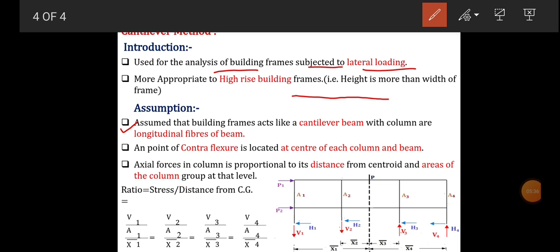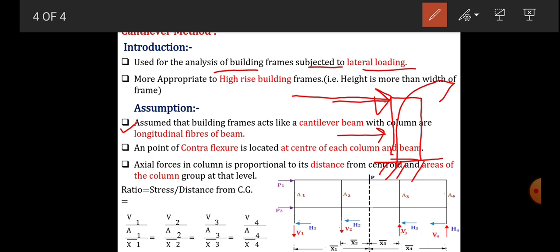Due to the high rise structure, if force is acting laterally over it, it will act like a cantilever, and the columns will act like the longitudinal fibers of a cantilever beam. That is the first assumption.